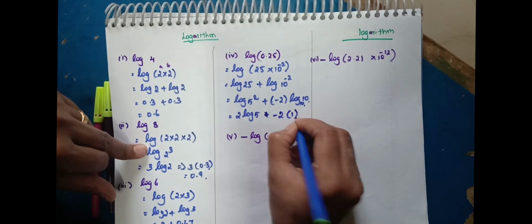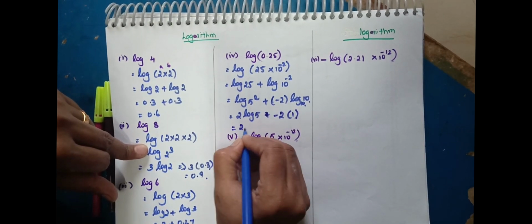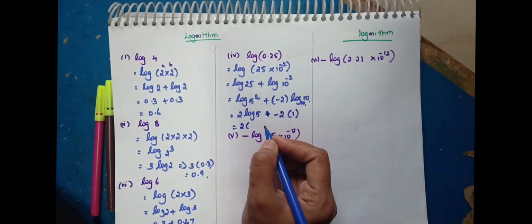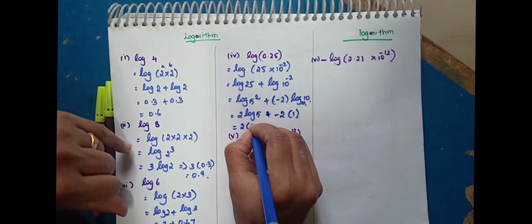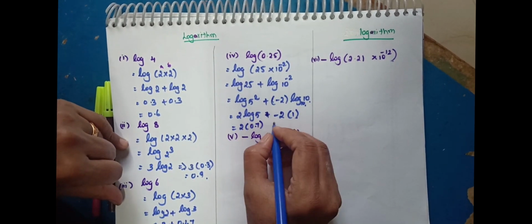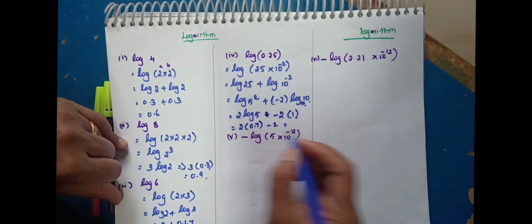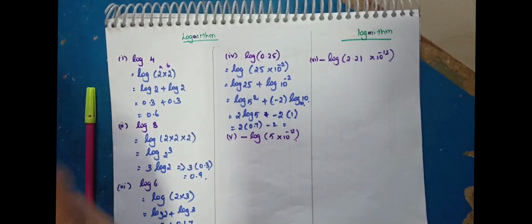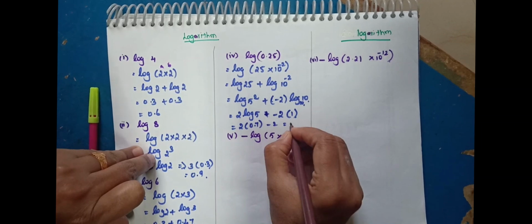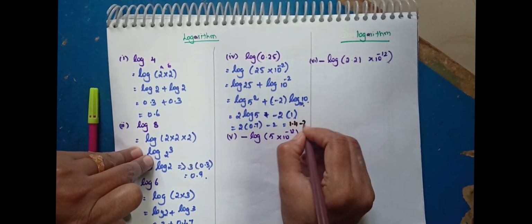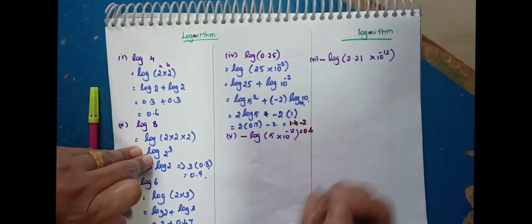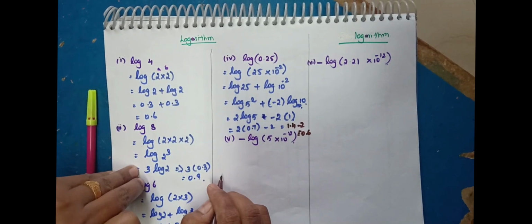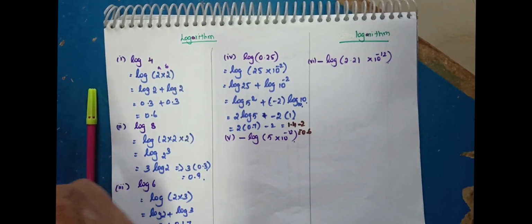Log 10 is 1. Now 2 into what is the log 5, students? Log 5 is 0.7. Minus 2. Here it will change as 1.4 minus 2, that is equal to minus 0.6. That is the answer. Okay.